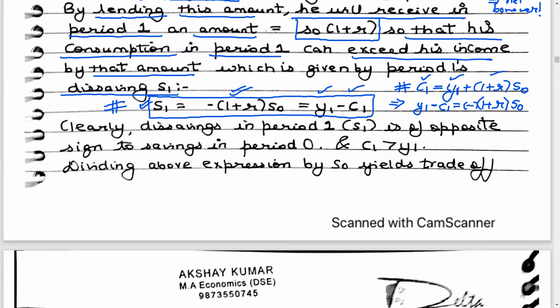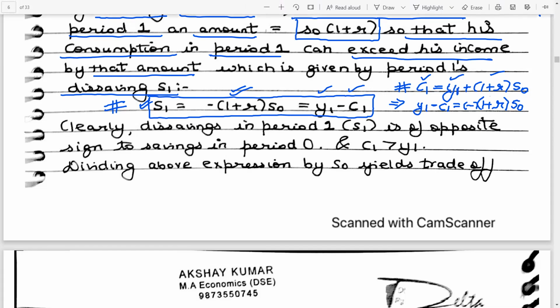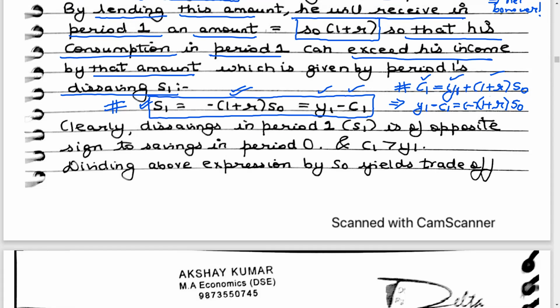That means if you are consuming less than your income in period 0, you will be consuming more than your income in period 1. So that is what is meant by this sentence. I am repeating it once again: if C0 is less than Y0, automatically it implies that C1 will be greater than Y1.